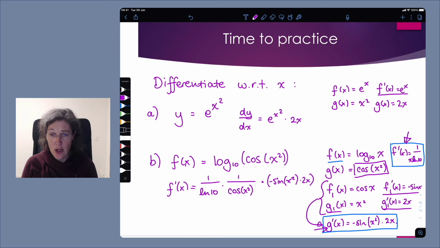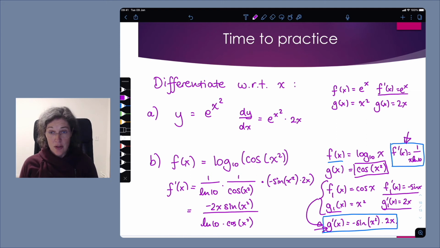Okay, so there's a lot going on there. And we could tidy this up a bit. We could have minus 2x times the sine of x squared all over natural log of 10 times cosine of x squared. Okay, so that was pretty speedy. Again, spend some time getting used to it if it's been a while.